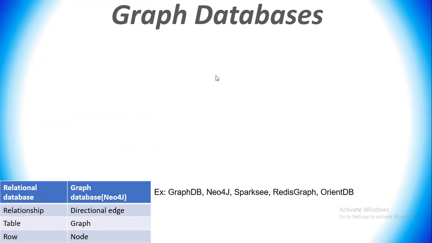So a directional edge is something like this, an arrow in a graph database. So how were relationships implemented in other databases?